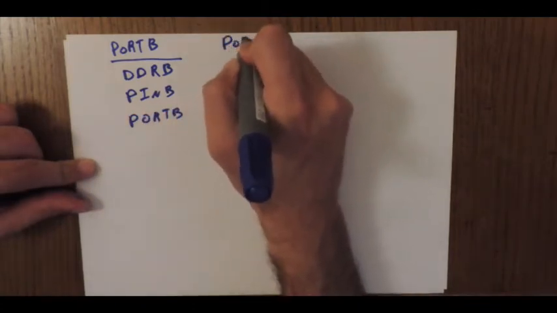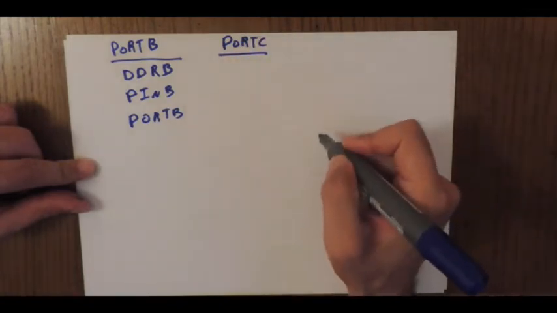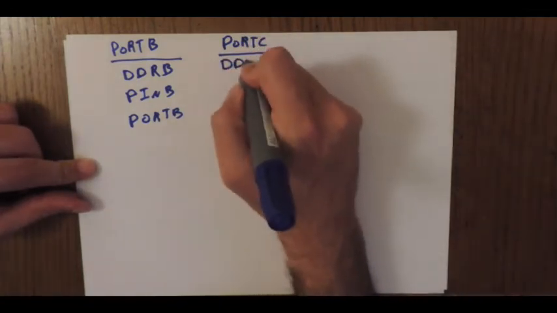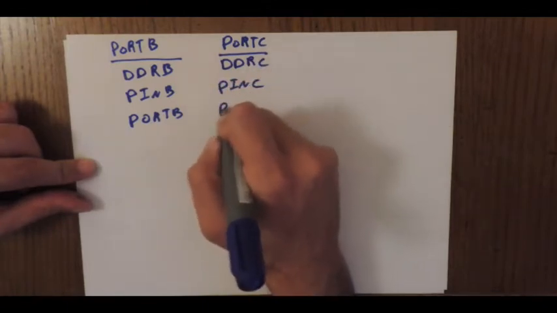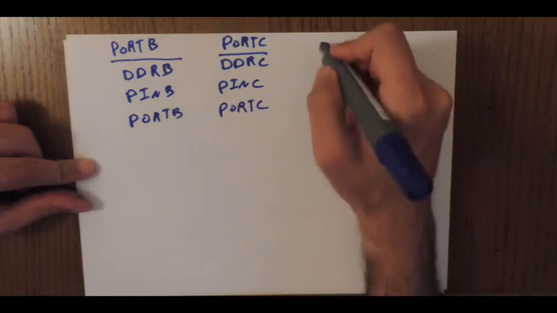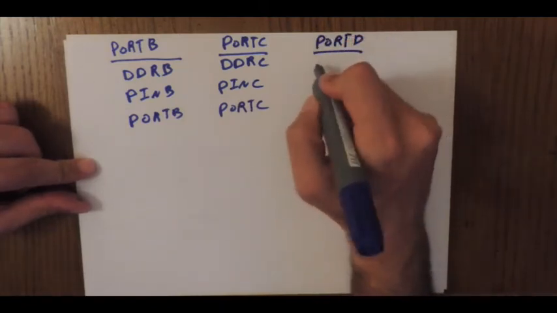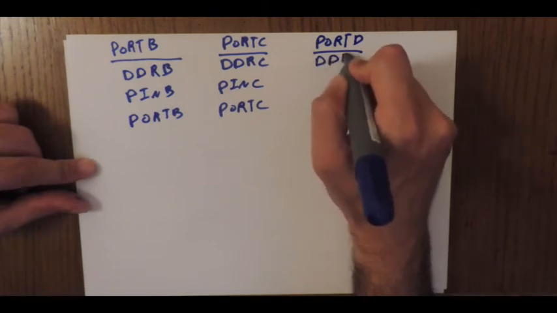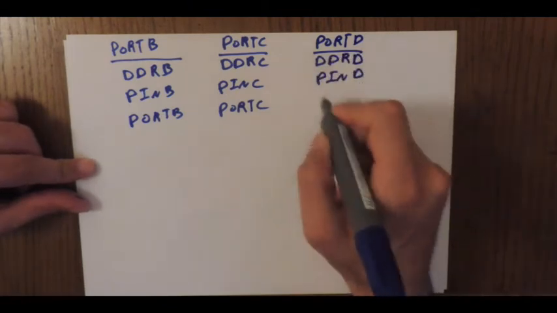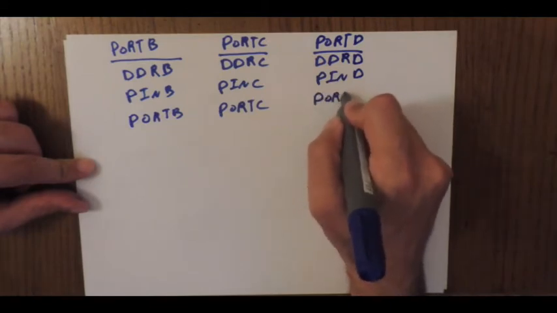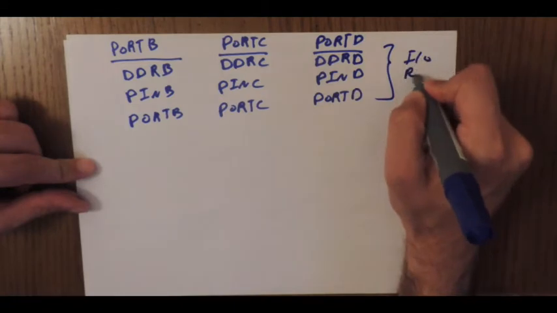For port C, and by port we mean just the pins on the microcontroller, we have DDRC, PINC, and PORTC. And for port D, the same is occurring. We have DDRD, PIND, and PORTD. These are all I/O registers.